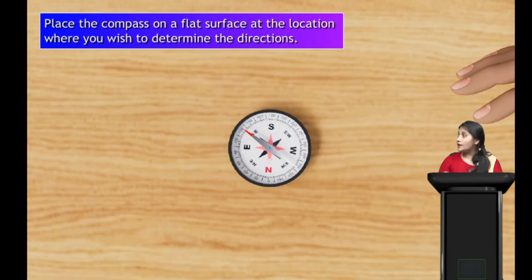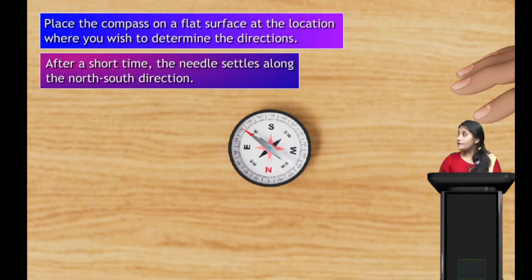Place the compass on a flat surface at the location where you wish to determine the directions. Then after a short time the needle settles along the north-south direction.